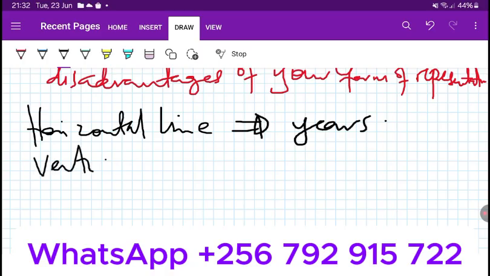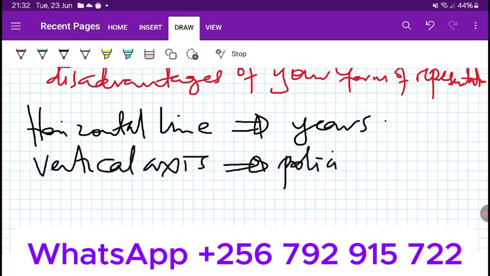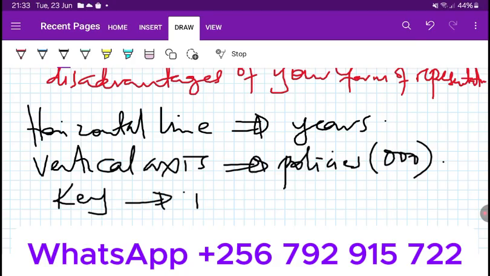Then on the vertical axis, we are going to have the policies in thousands, because they told us the numbers were expressed in thousands. Now, what we are going to make as our key are the different types of insurance policies.